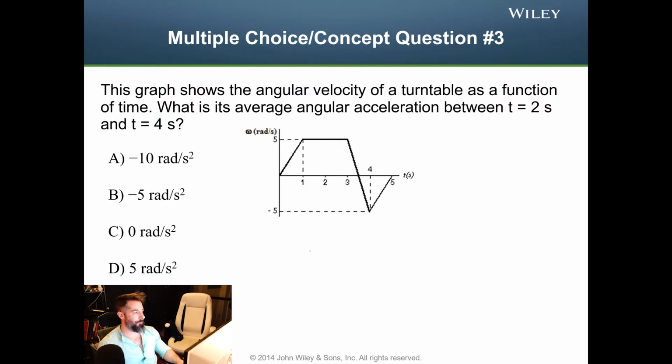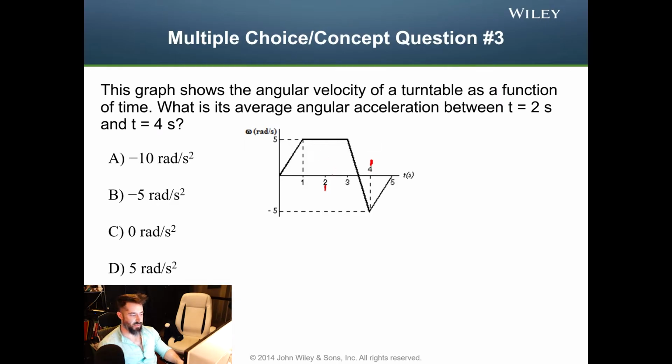Okay, so this graph shows the angular velocity of a turntable as a function of time. Nobody cares what the turntable is, what the object is. It's asking what is its average angular acceleration between time equals 2 seconds to 4 seconds. So here is the initial part, and here is the final part.